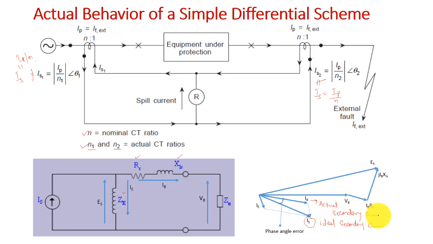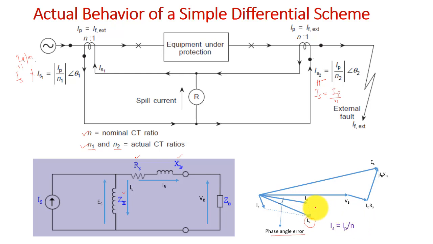The phase difference between IB and IS we call the phase angle error, and the ratio error is identified from the magnitudes of IS and IB, right. We already talked about that in your previous classes. So your IS is in fact IP by N, and your IB is not equal to IP by N. IB is different, right.